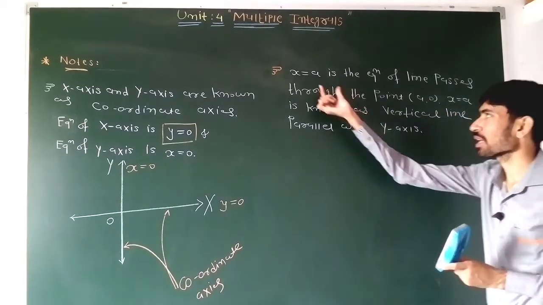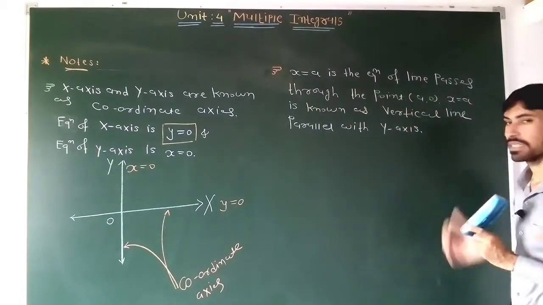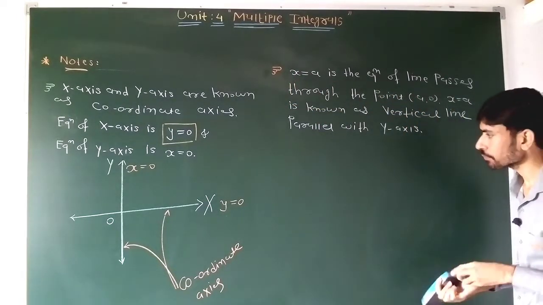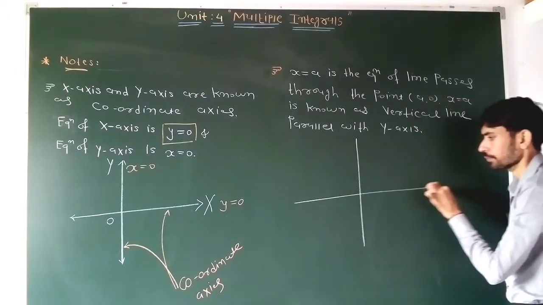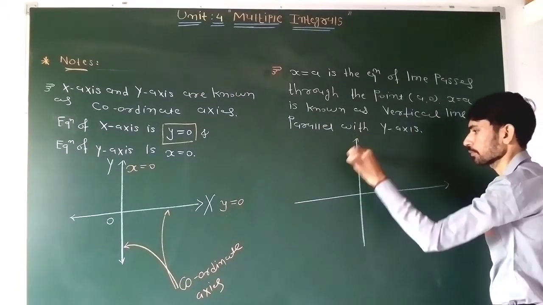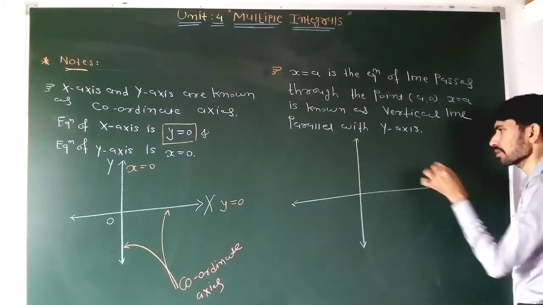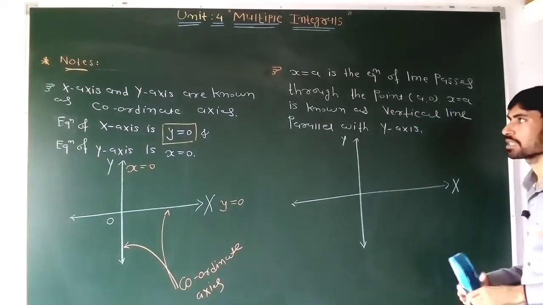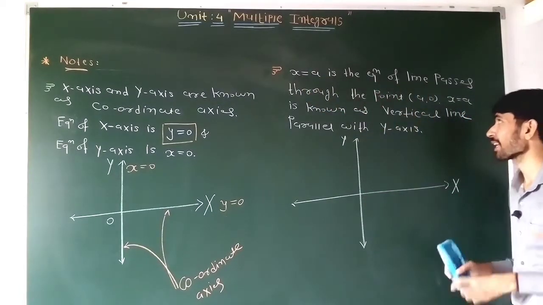Friends, x is equal to a is the equation of a line passing through the point (a, 0). So here we draw this line. Keep in your mind how to draw the equation of x is equal to a. This is the x-axis and this is the y-axis. X is equal to a is the equation of a line passing through the point (a, 0).